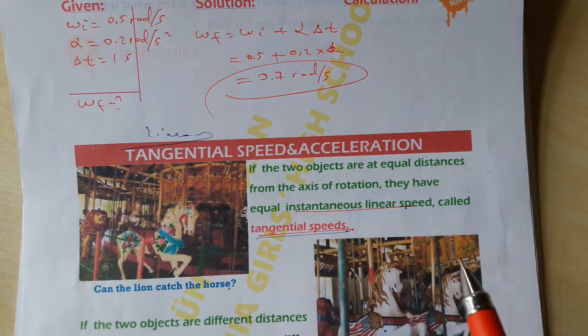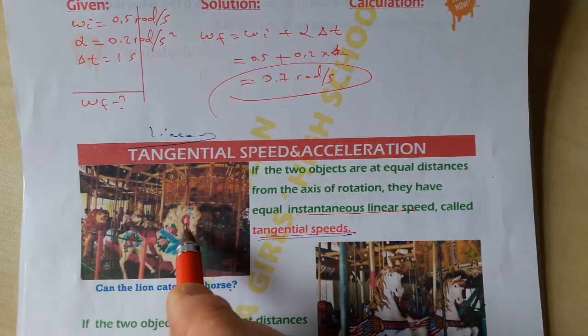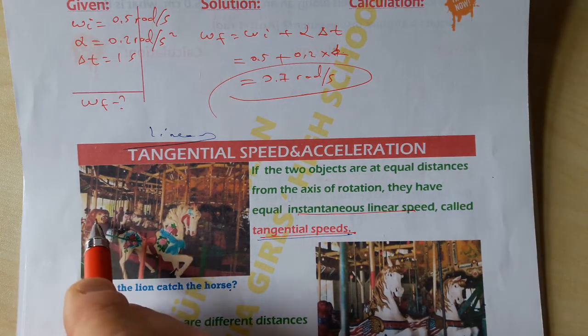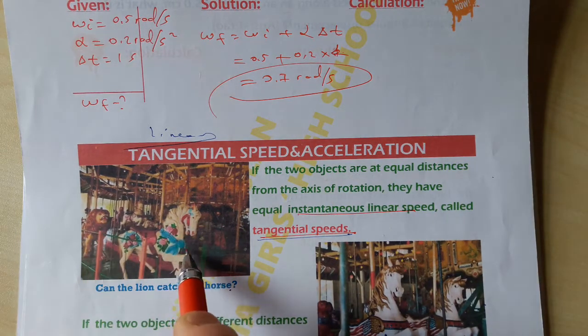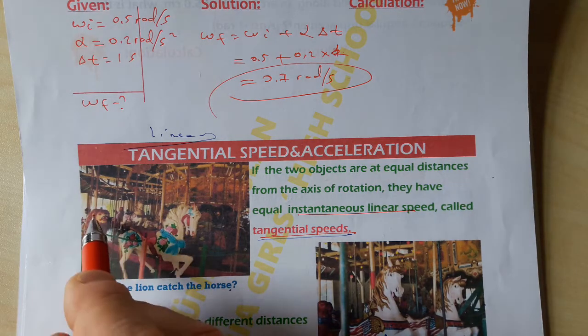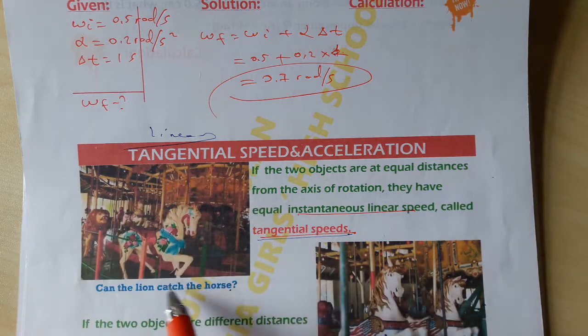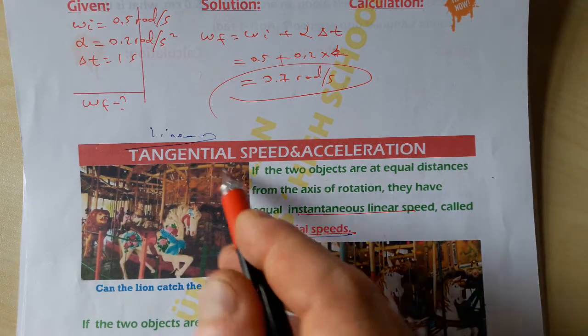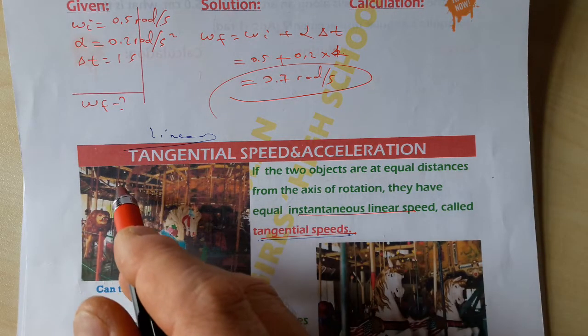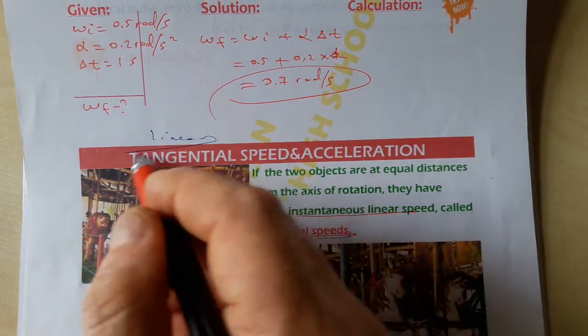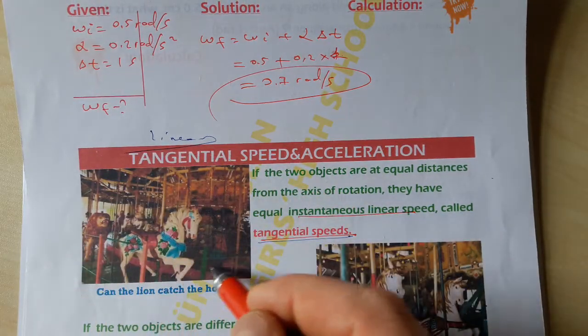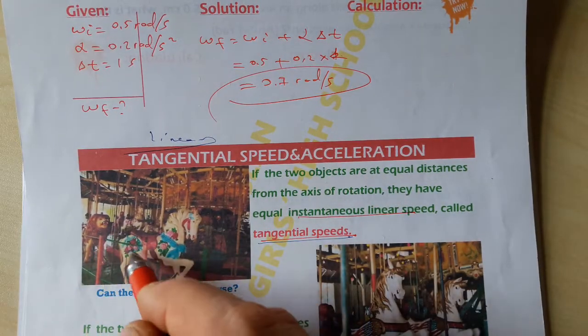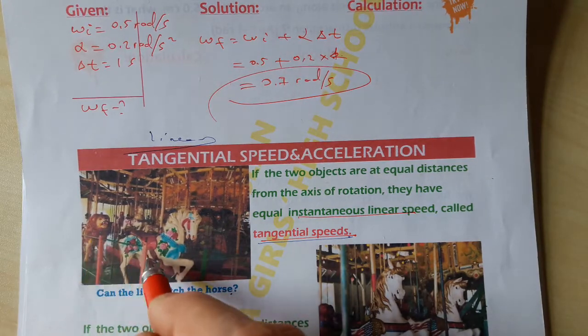Right here, there is a horse and there is a lion. Because their distances are the same, they travel with the same speed. It is a merry-go-round. It is rotating with the same linear speed, tangential speed. The distance between them never changes.